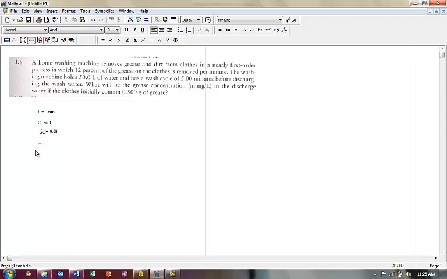And so let's go ahead and solve for K. So we use that first order equation, and let's just say given, let's go ahead and give a K value too. So K equal initial guess of 1 per minute.